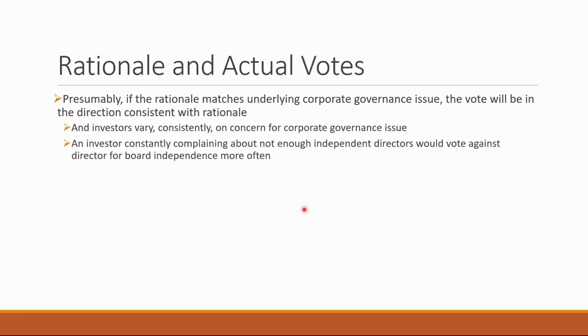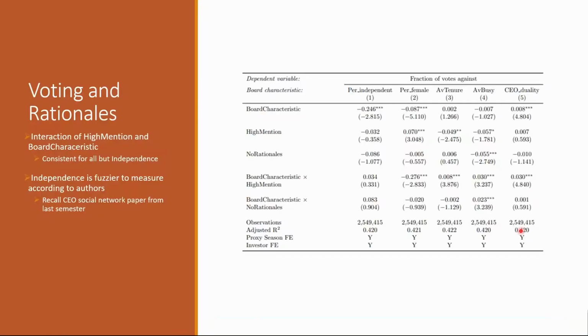So we would expect basically the investors complaining about no independent directors. There aren't as many independent directors. They're probably going to vote against the directors that the CEO wants, assuming they're not independent directors. So if you have more independent directors, you're going to be bringing this up less. Yeah. So the interaction of high mention and board characteristics.